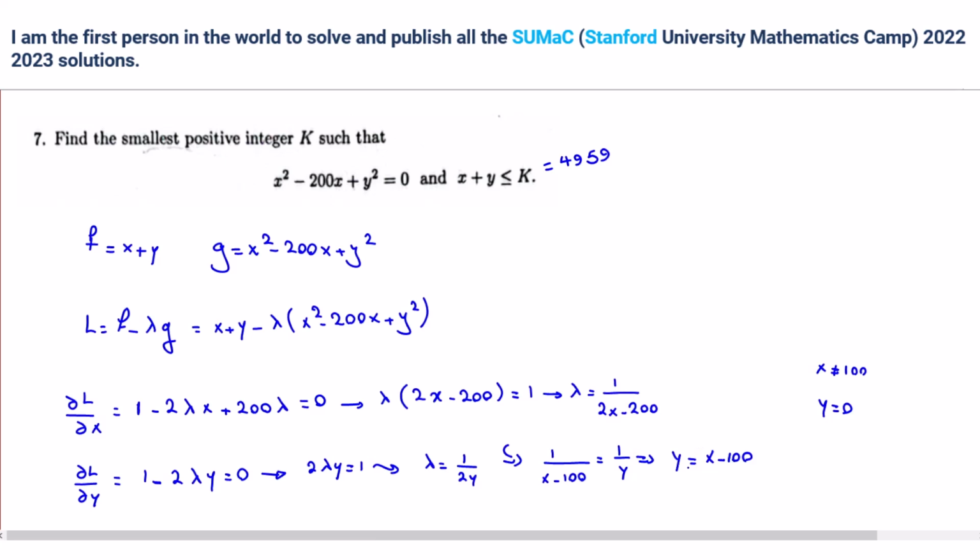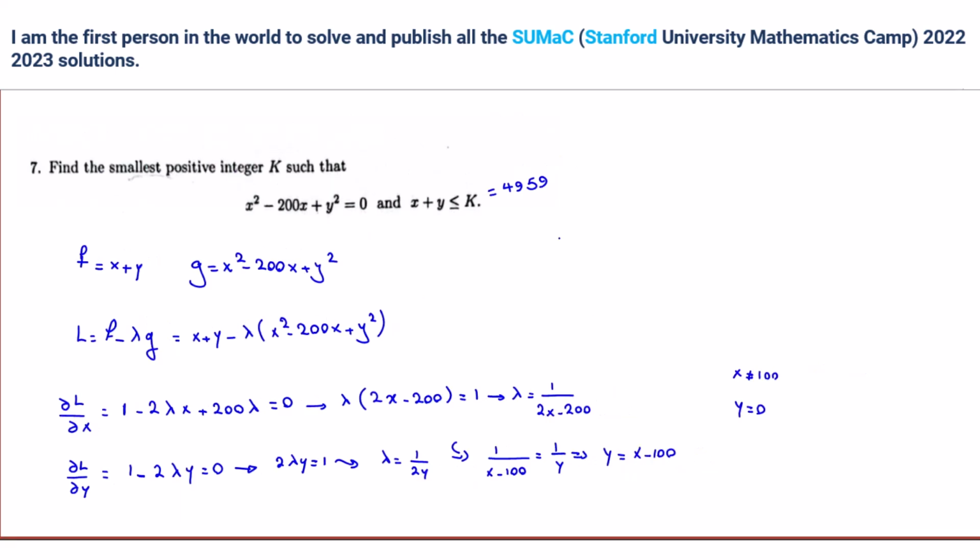Now we can find x. It is x squared minus 200x plus (x minus 100) squared is 0. So 2x squared minus 400x plus 10,000 is 0. So x squared minus 200x plus 5,000 is 0.